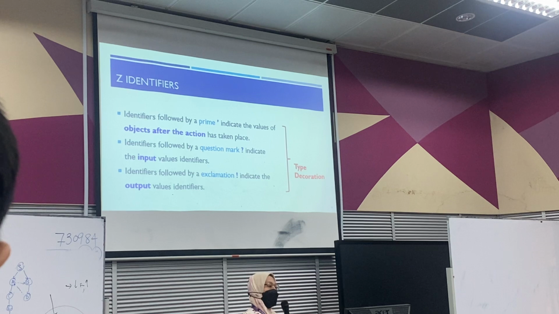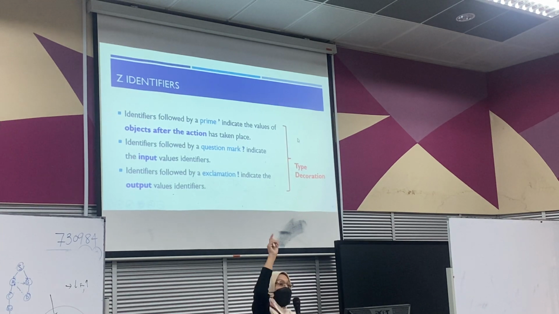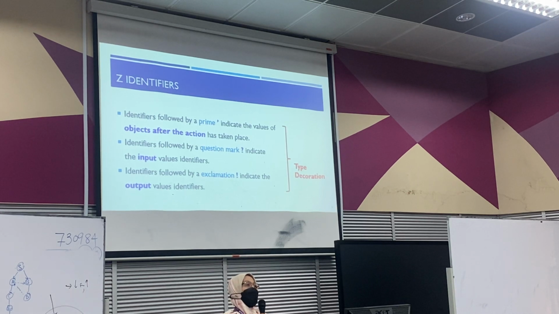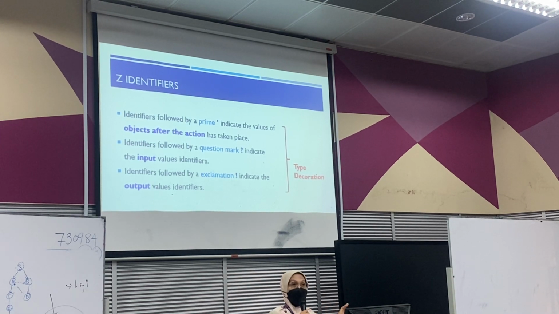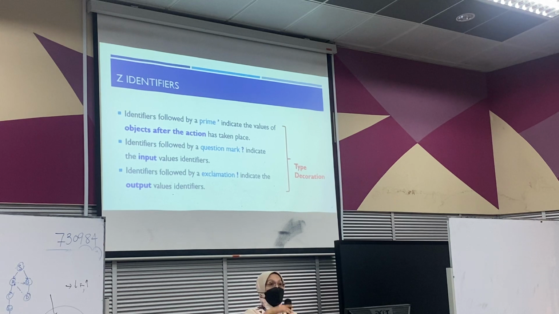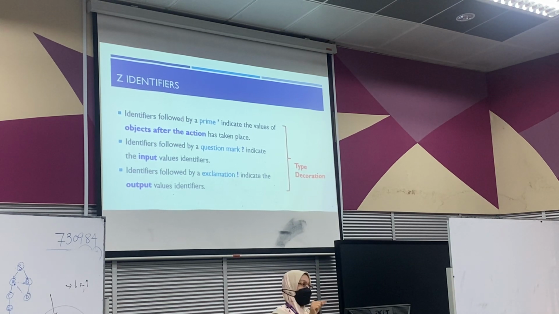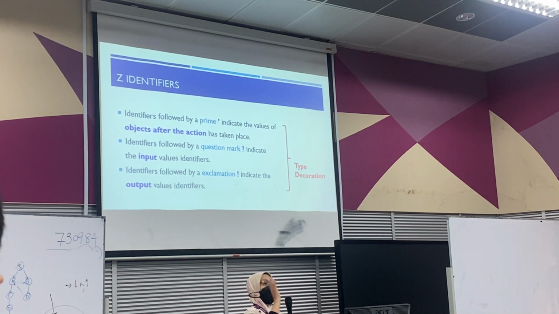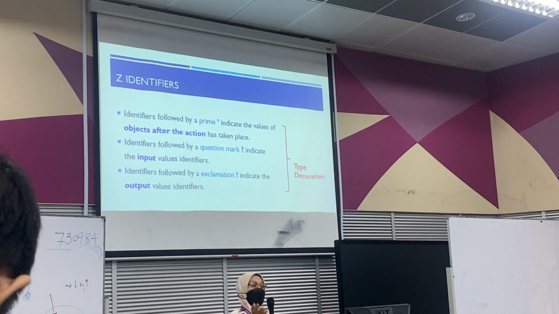If you use prime symbol or apostrophe, this is to show there is an updated variable. You want to show the updated variable in your schema. The prime variable will show the updated variable. But if the variable is together with question mark, no space, don't put space, it's together but not in front, it is at the last one, you put at the last one.